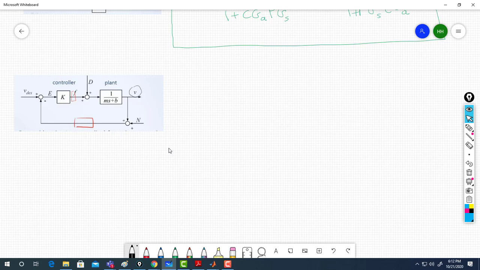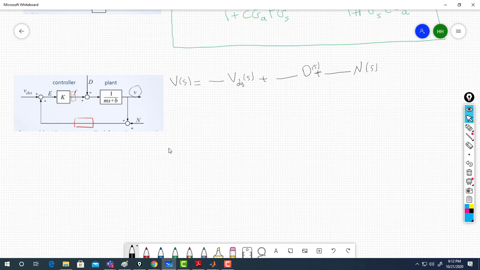Right. So then if you want V of S equal to the transfer function times V desired of S, plus the transfer function times D, plus the transfer function times N. Yes, it is V desired of S plus D plus N. Okay.